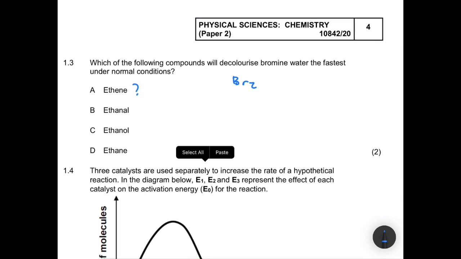And then B says ethanol, that cannot easily react because it's saturated. Same with ethanol and ethane, right? So for 1.3, a compound that will decolorize bromine water the fastest under normal conditions would be ethene. That is because it is unsaturated and it will readily react compared to the other compounds.